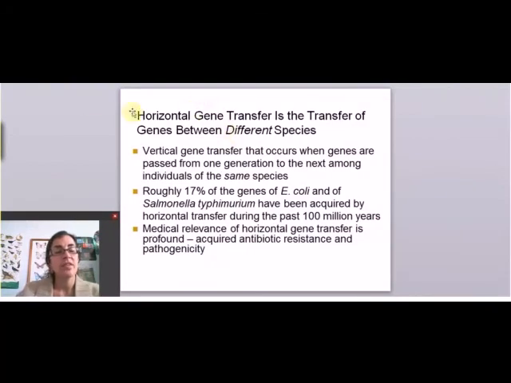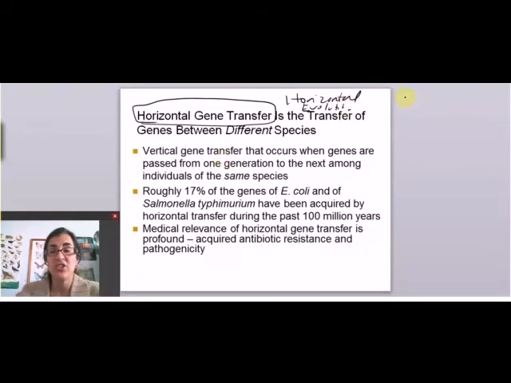So all of these gene transfer methods are what's called horizontal gene transfer. And this is part of horizontal evolution. So what we traditionally think of as gene transfer is that you have a parent and they pass their genes to their offspring. And through that process, right, this is also how evolution occurs.